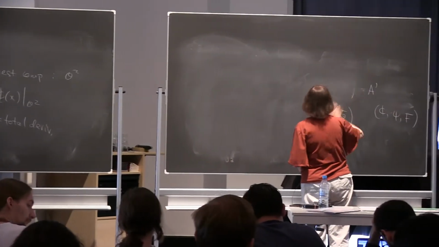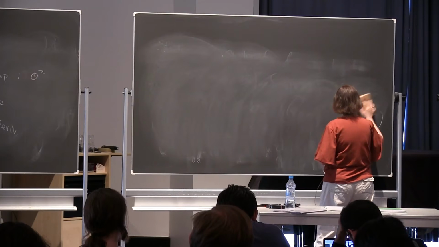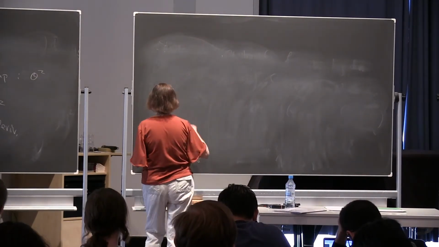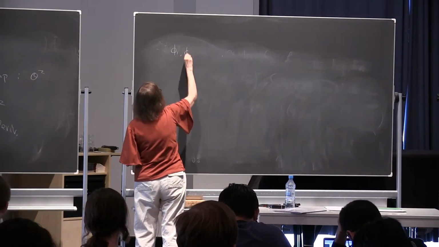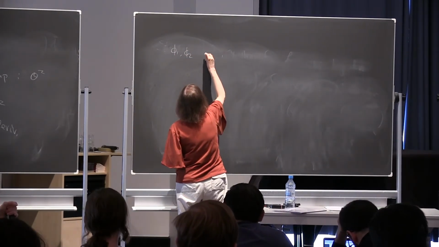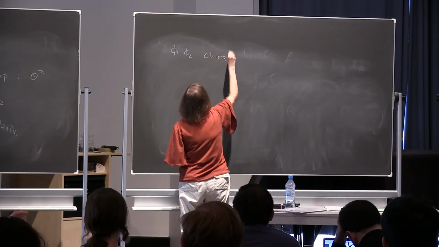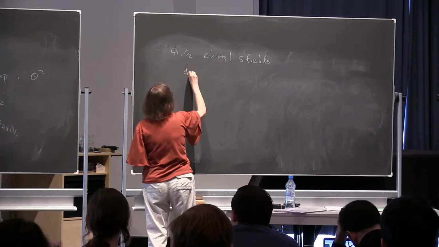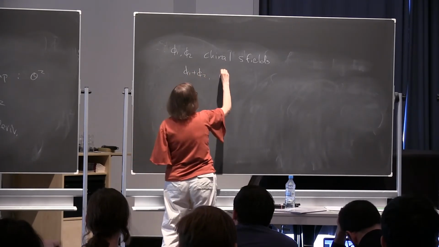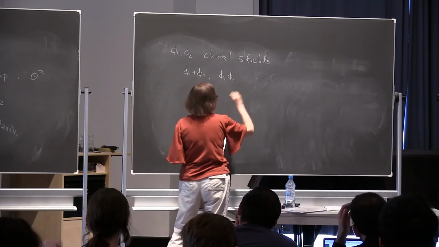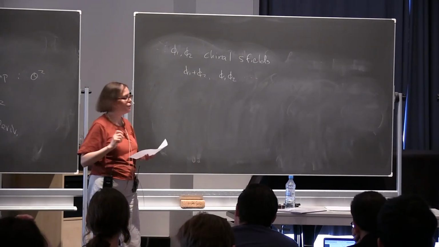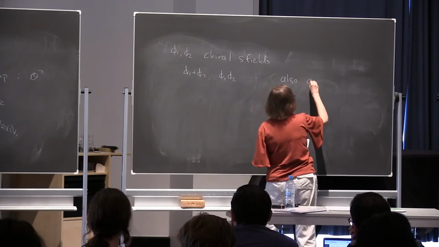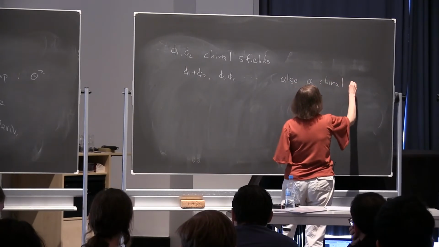I'm not going to show this, it involves more algebra. Some of it is straightforward and some of this is not, but you can convince yourself of the following thing. If you have phi 1 and phi 2, which are chiral superfields, then phi 1 plus phi 2, phi 1 phi 2, and actually any polynomial that you can write down, any function of phi 1 and phi 2, is also a chiral superfield.